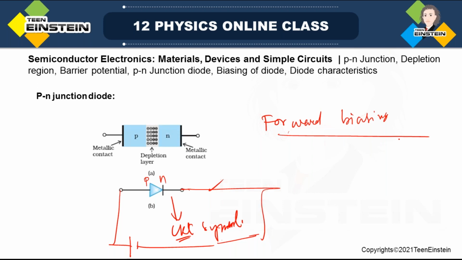So this type of biasing is called forward biasing when the positive terminal is connected to the p side and the negative terminal is connected to n.